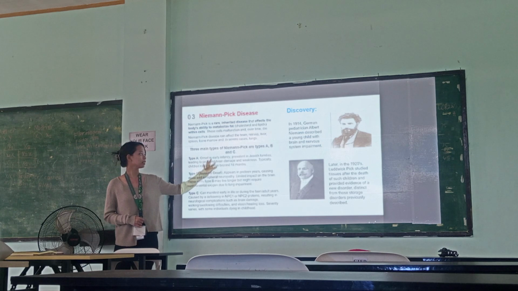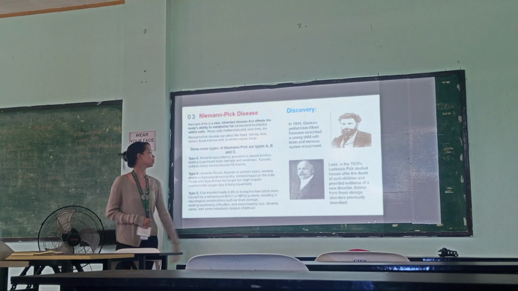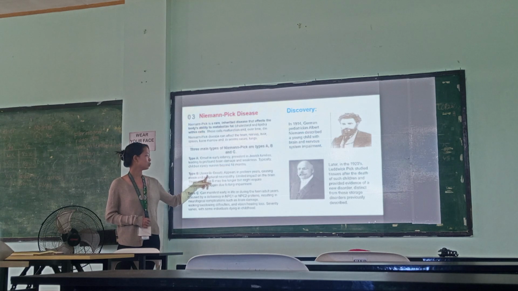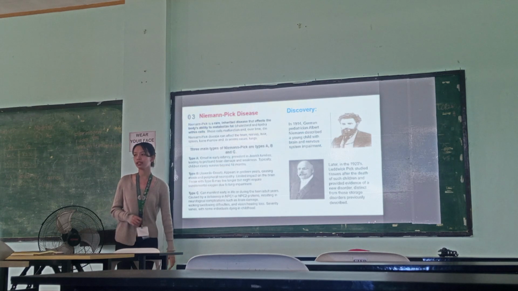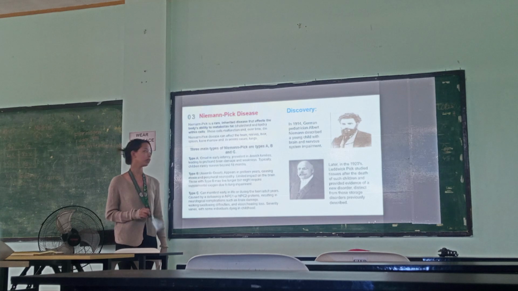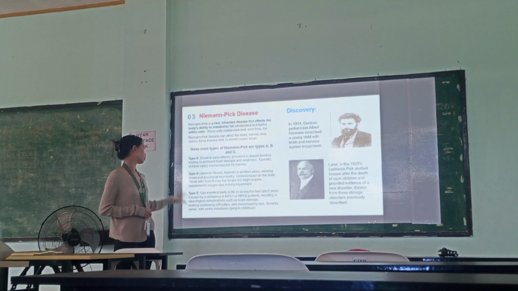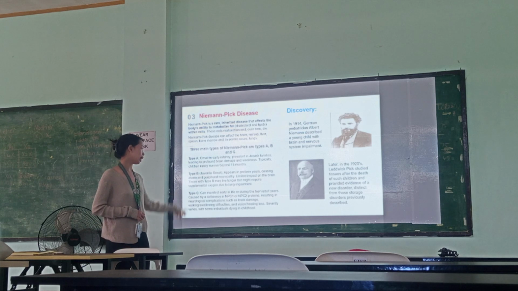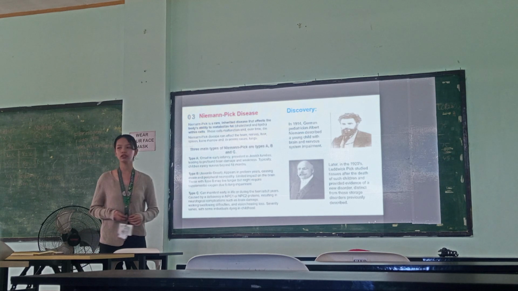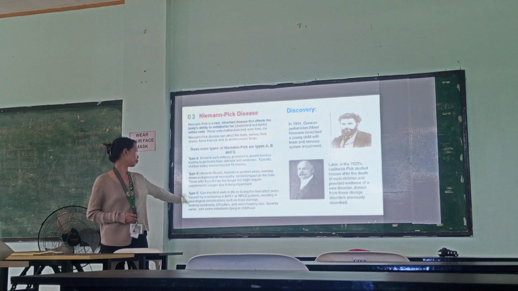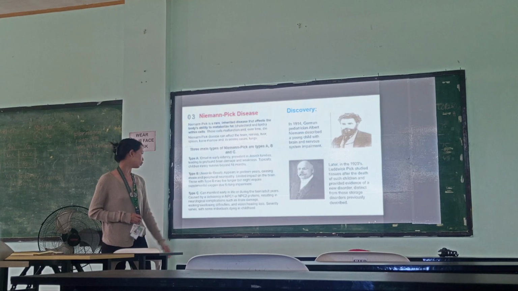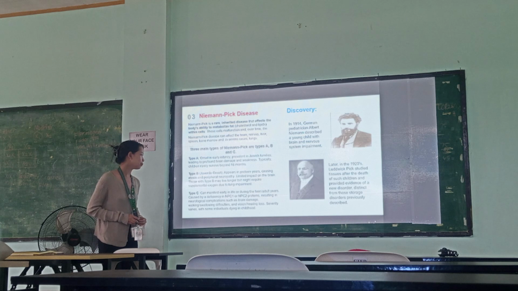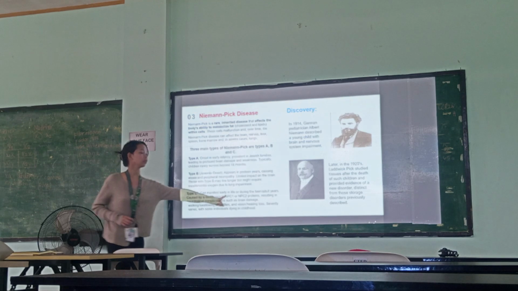So dito sa type A, sa infancy stage, sa type B naman ay during the onset or yung sa teenage years, sa pre-teen years. At dito naman sa type C, can manifest early in life or during the teen or adult years. So, sa type C, adulthood, caused by deficiency in NPC1 or NPC2 protein. So, mamaya i-discuss natin itong dalawa.